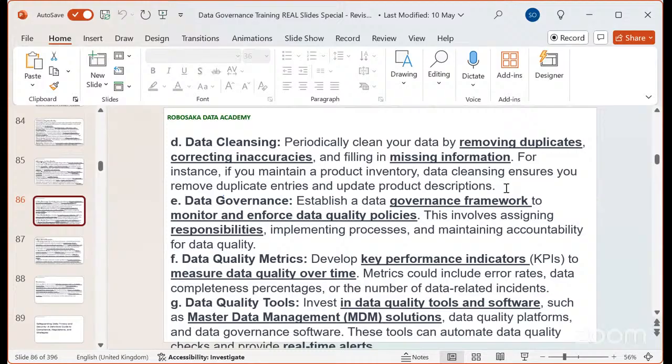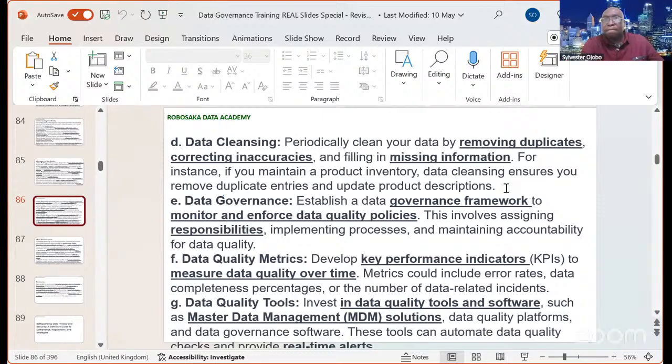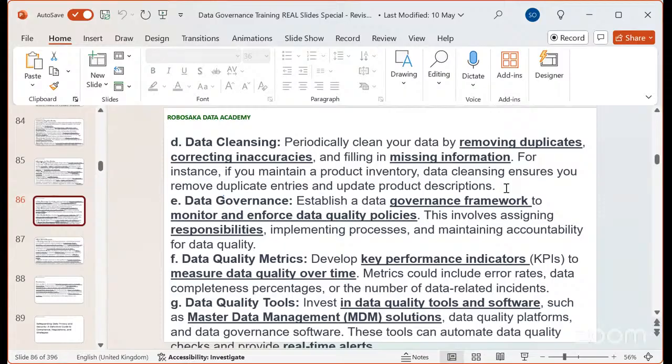Data cleansing is very necessary, especially when it comes to financial implications. Say, for example, someone has taken out a credit card at a particular address and you move into that address. There's a probability that you could have the same surname or the same name. The bank will automatically assume that you are the person, and you'll be held accountable for that particular credit card, especially when it's not correct on the system. That's why data cleansing is very necessary.